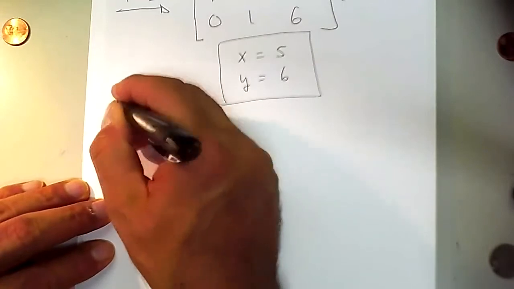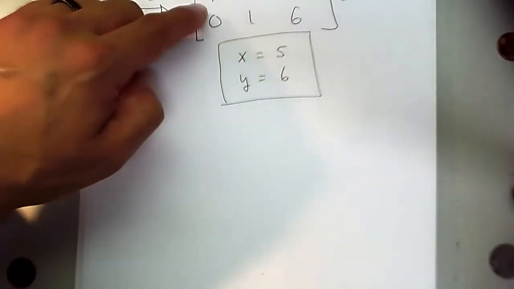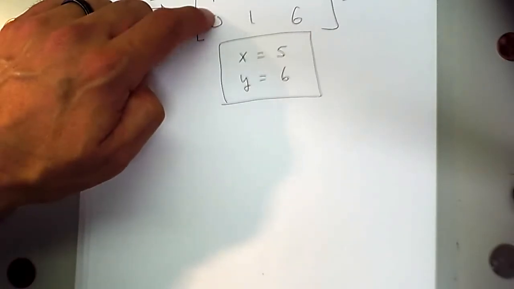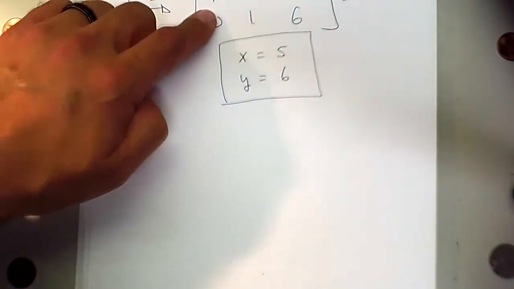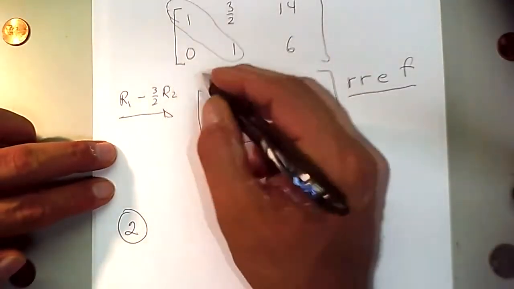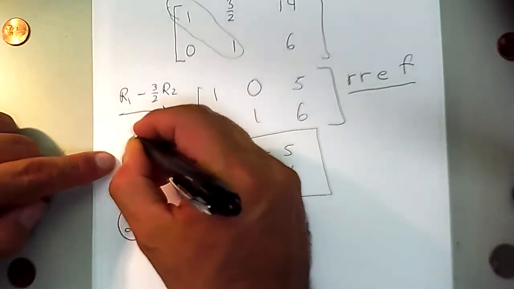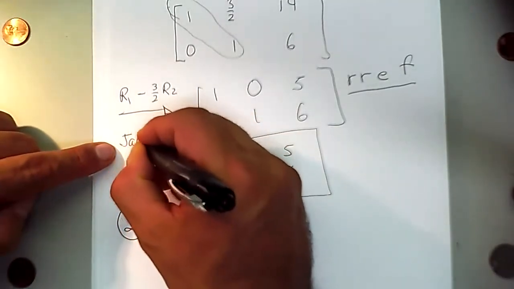Example 2. By the way, the method all the way down to here is called Gauss-Jordan elimination. All the steps we did through this point are called the Gauss-Jordan elimination.